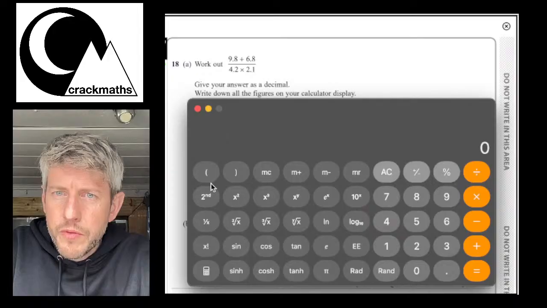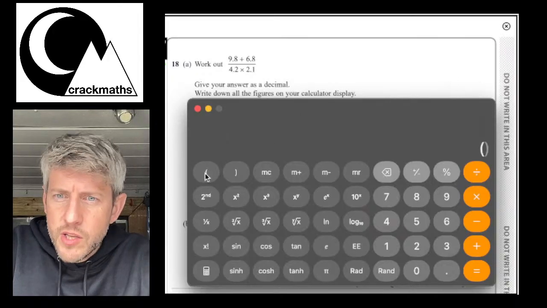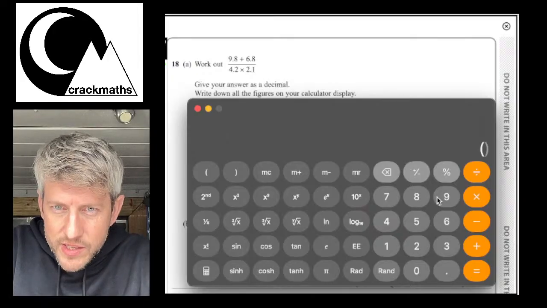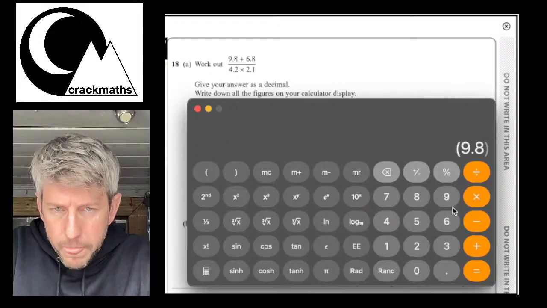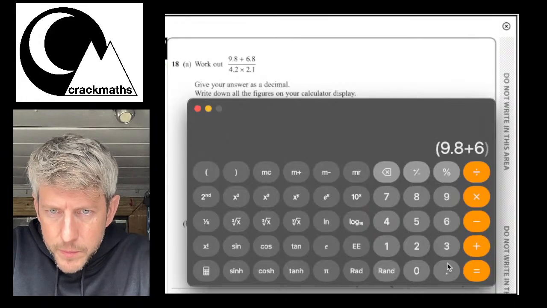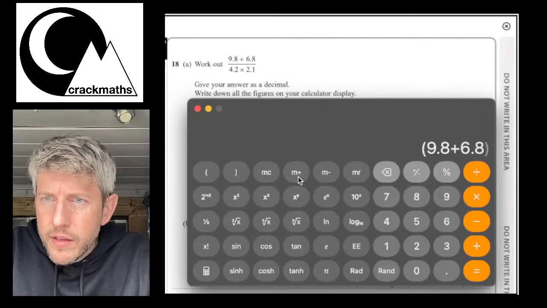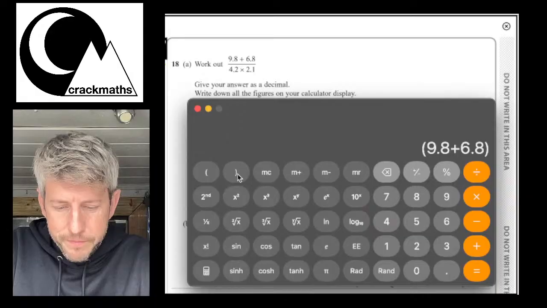So the first thing that we've got to do is the top of this fraction has to happen first. So I'm just going to put a bracket around this and type this in. So we've got 9.8 plus 6.8. Okay, so there we go. I'm going to close brackets. That is the top of this fraction.